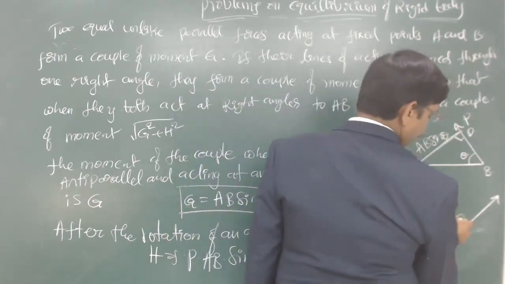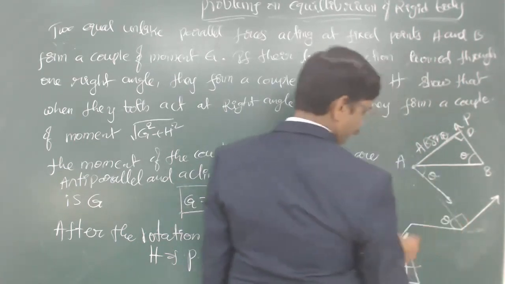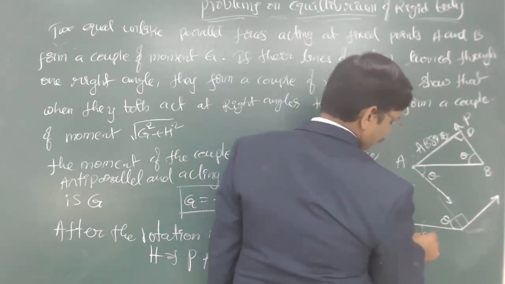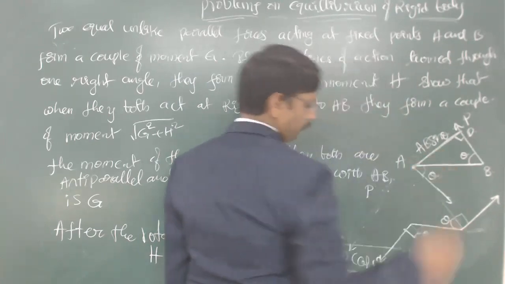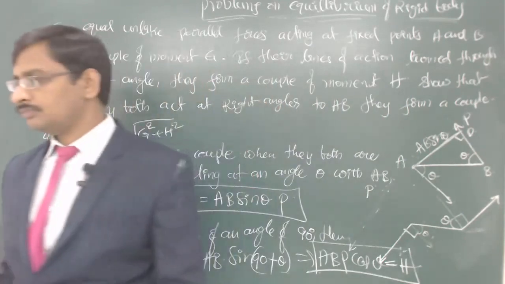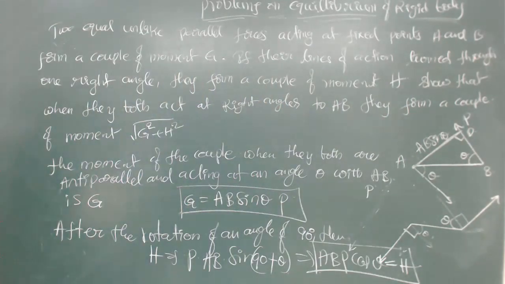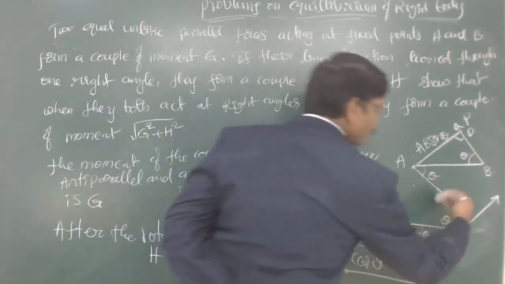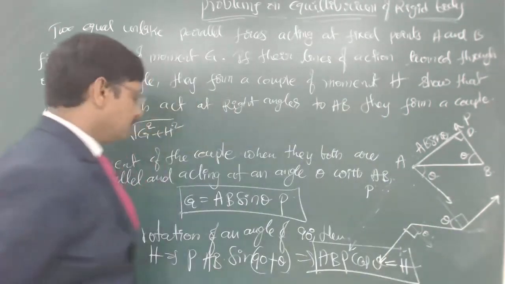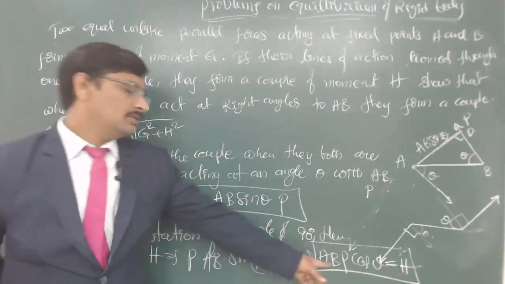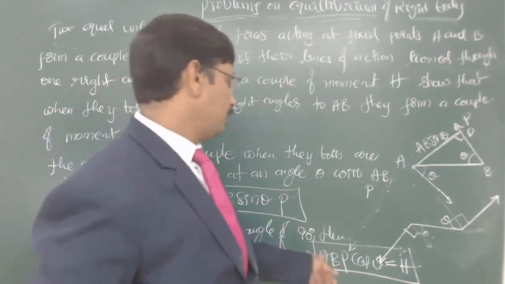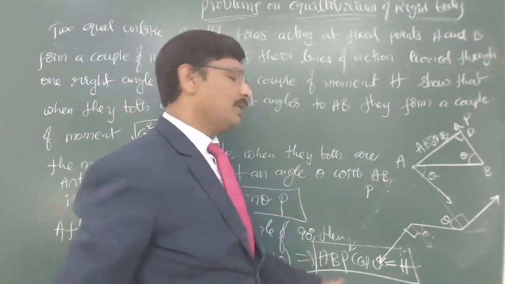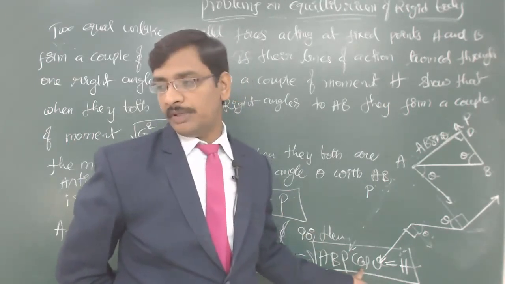Earlier it was like this, and this is 90 and this is theta. This was theta and this is 90. Got it? So this is how it was rotated, by an angle of 90 degrees. Then the new couple is AB cos theta. So earlier this was AB sin theta into P. Now it is AB cos theta into P.